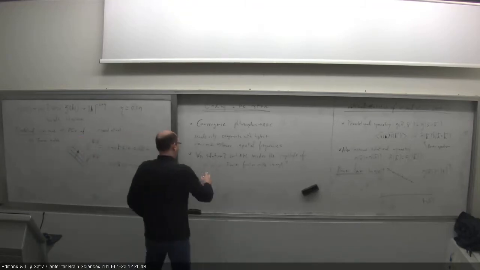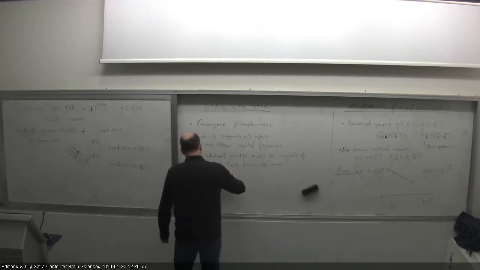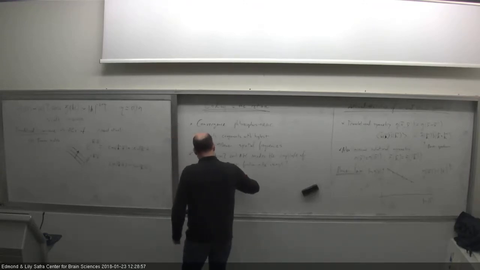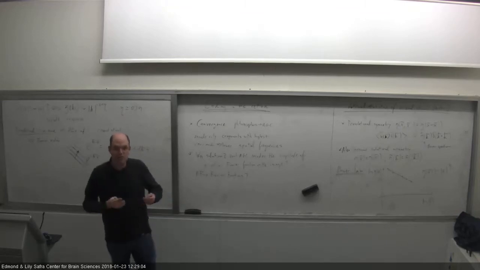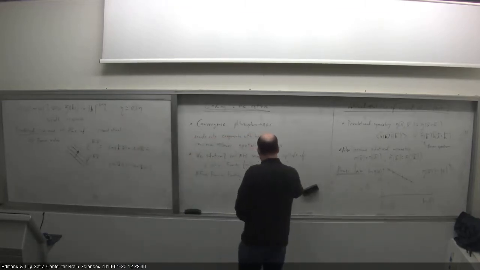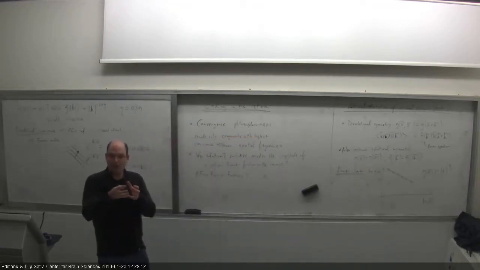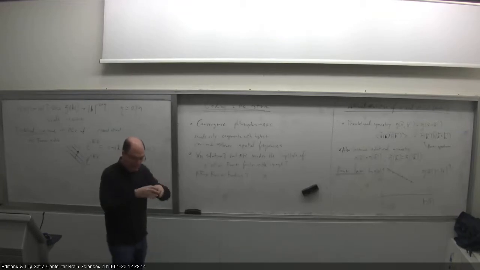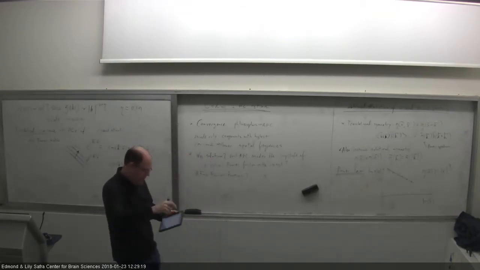So the receptive fields would be Fourier functions, and that would mean that they would span the whole image, and we know that that's not the case. The receptive fields of retinal ganglion cells are very localized, and they have a circular symmetric structure.